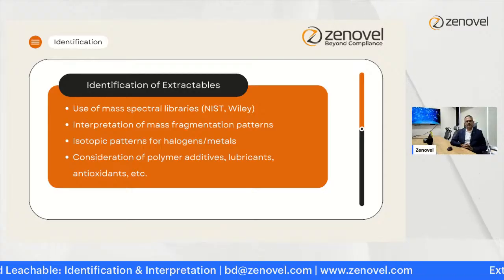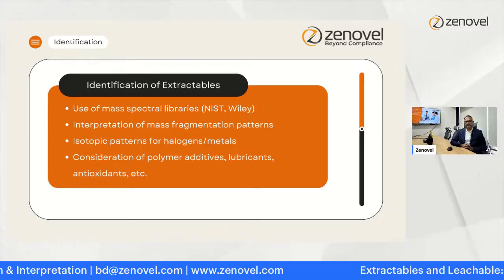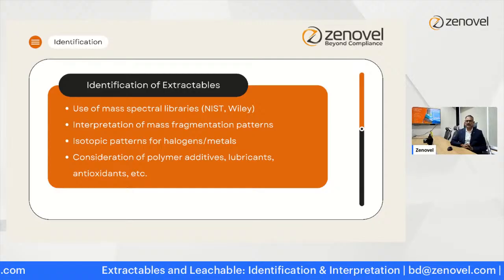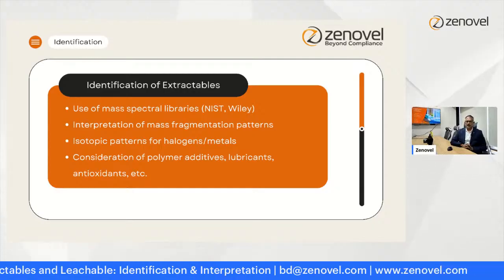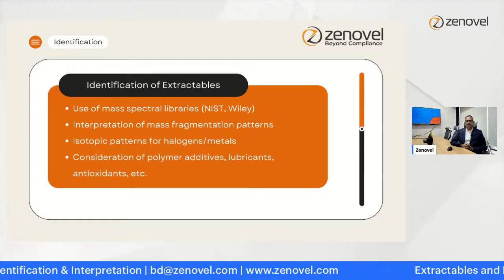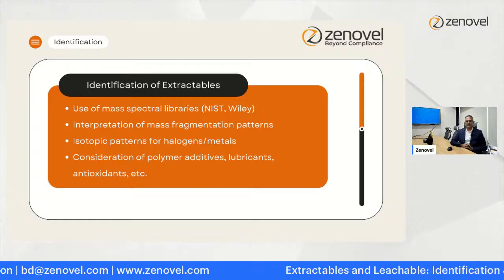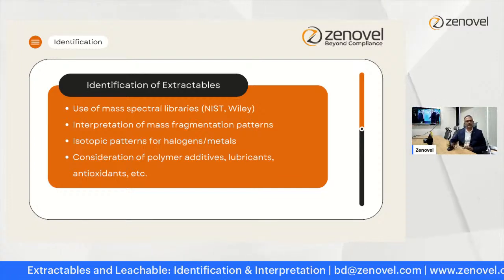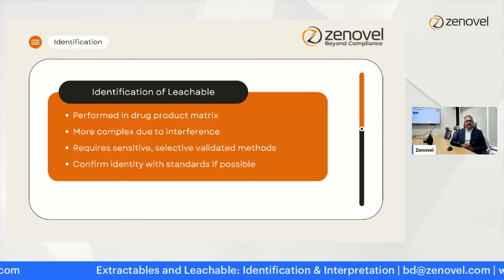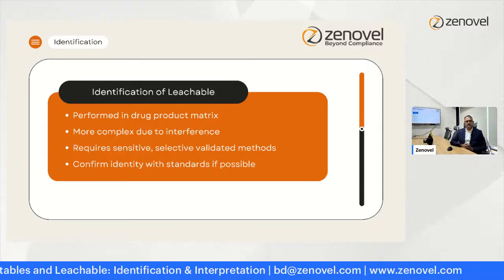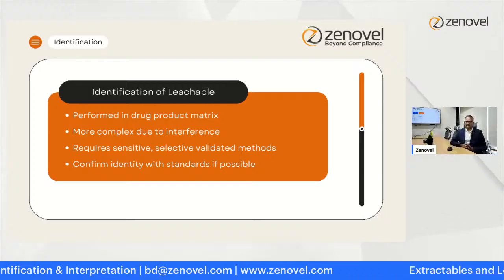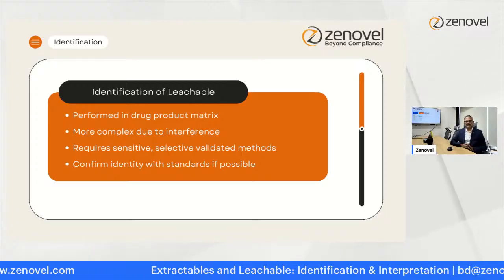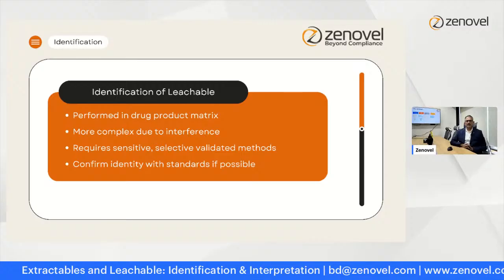We can perform interpretation of the mass fragmentation patterns and isotopic patterns for halogens and metals for the identification of metal impurities, and consideration of polymer additives, lubricants, and antioxidants can also help in the identification of the extractables. The identification of leachables is performed in the drug product matrix first, which is more complex due to interferences, and requires sensitive, selective, and validated methods, and confirming identity with the standard if possible.